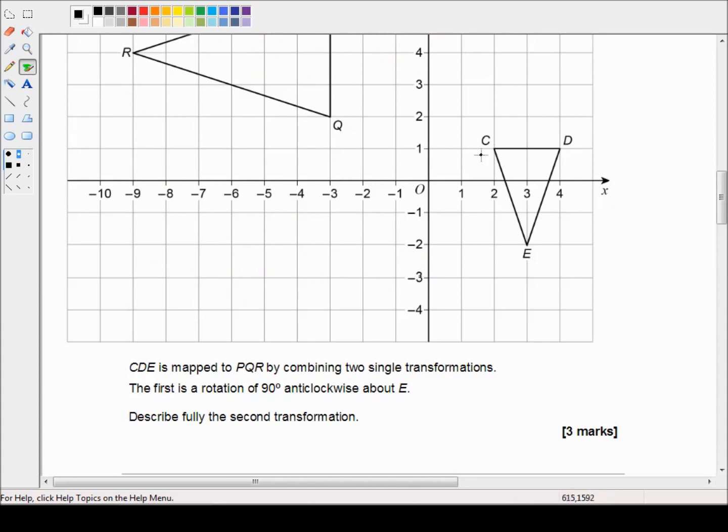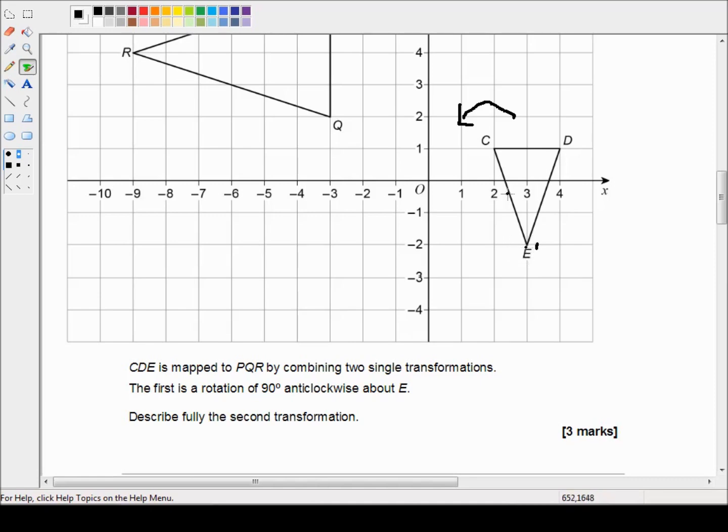So we're taking this whole shape and we're moving it in this direction. Now it's rotating about point E, so the new origin is point E. So this point will not change. So E will be E prime, which I'm going to use to label new E. So that point doesn't change.